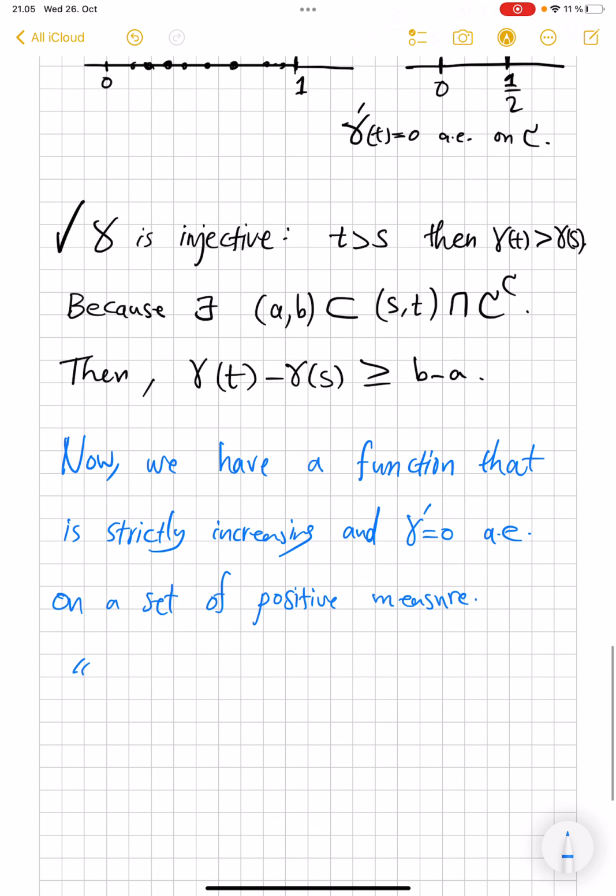So informally we can say you increase without paying any price in derivatives.